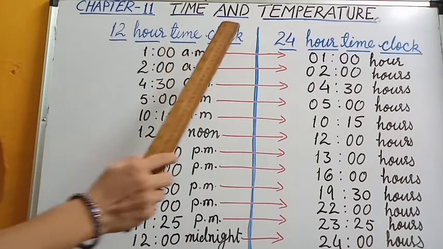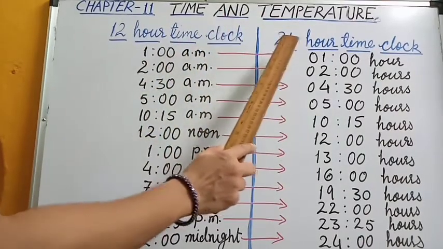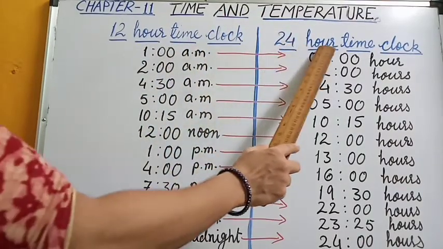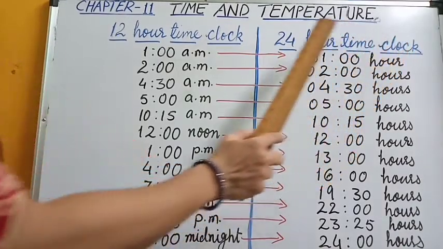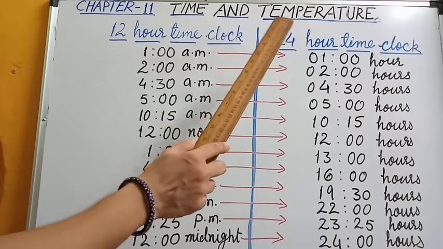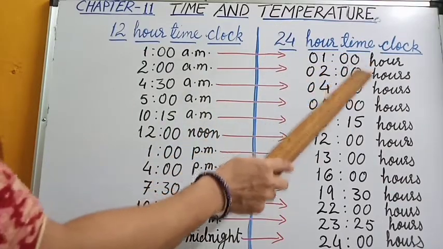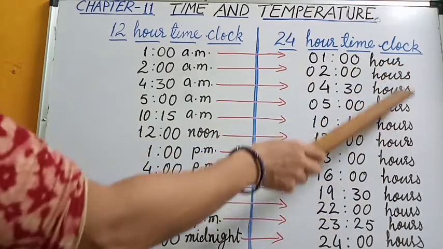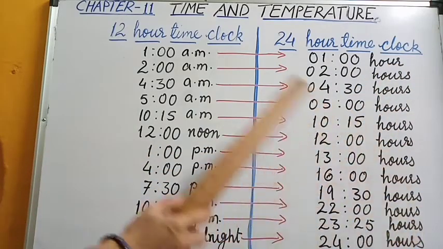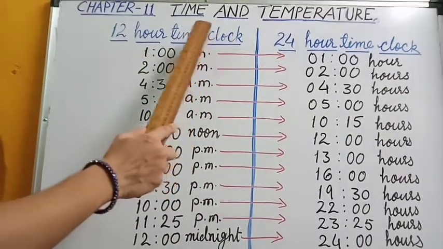But we can represent 24 hours of a day in another way also, that is called the 24-hour time clock. Some digital clocks can represent 24 hours of the day, and we don't have to use AM and PM with it. We have to represent in hours. So what is the difference? In a 12-hour time clock, we have only 12 divisions.